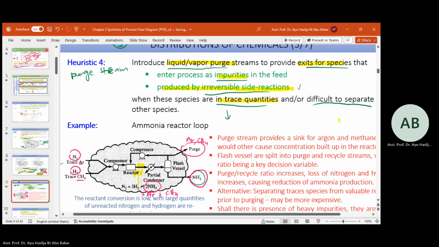Argon same group as N2, right? Is it the same? No. N2, which group? N, which group? 7. Sure 7? Check back the periodic table. 5. 7 is atomic number. Group 5.